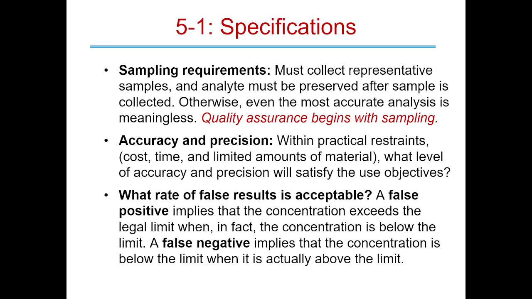So here's sampling requirements. You must collect representative samples, and the analyte must be preserved after the sample is collected. Otherwise, even the most accurate analysis is meaningless. The quality assurance always begins at sampling. If you give bad samples, then everything else you do from then on is garbage, right? Remember garbage in, garbage out?